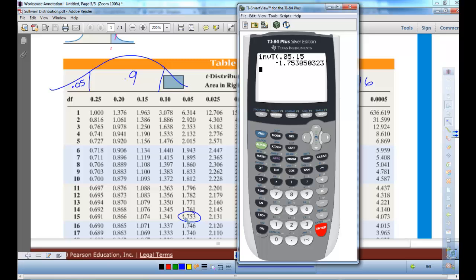That was on the distribution menu. So second, vars, and number 4 was inverse t. Oh, that's going to be the slight difference right there. Yeah, so you'll have to use the table if you don't have the 84. That's probably the one thing I've seen that's different between the 83 and the 84.